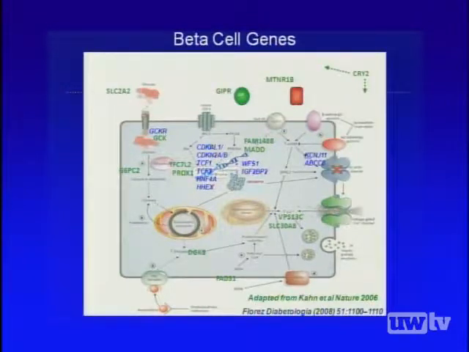But the point is that in these analyses, one of the fascinating things is that a lot of the genes, where the SNP is either in the gene or near it, that seem to be involved in these glucose homeostasis and diabetes traits are in beta cells. And all of these that are in blue here were related to one or more of the traits that was listed above. And it sort of raises some interesting questions.